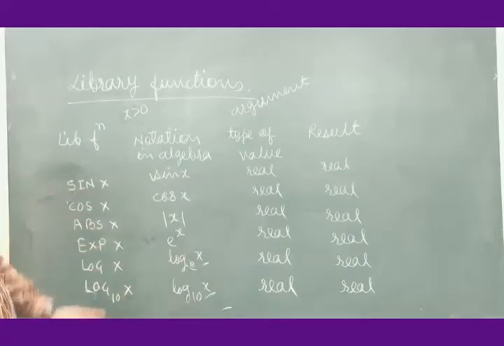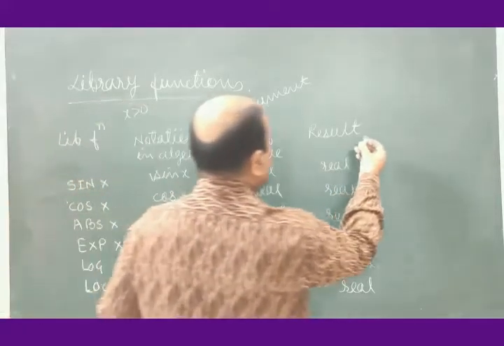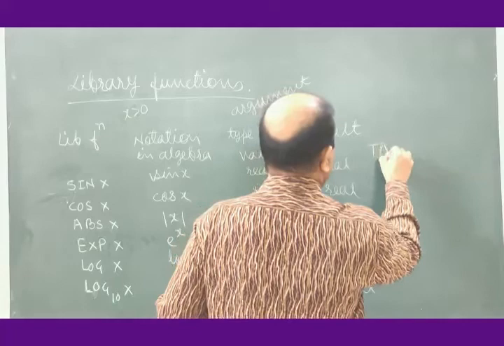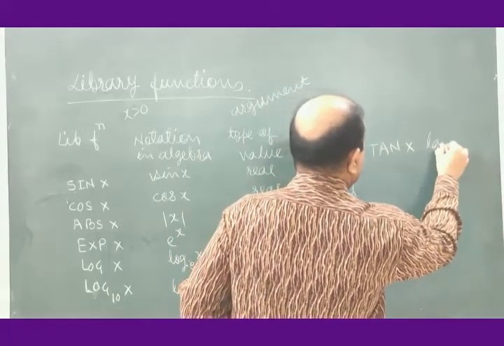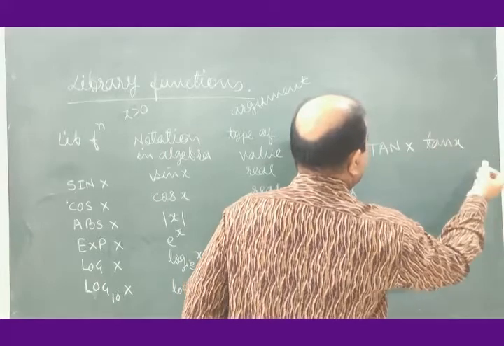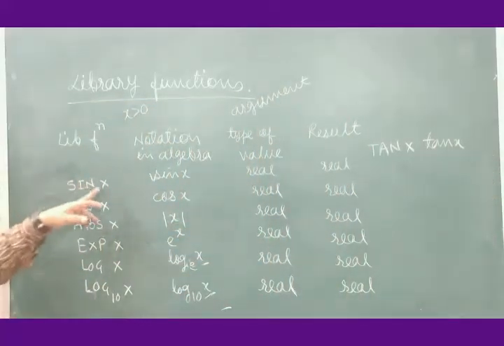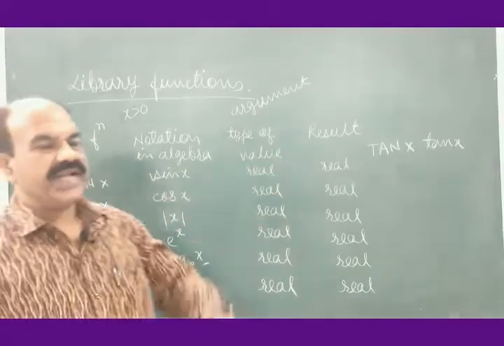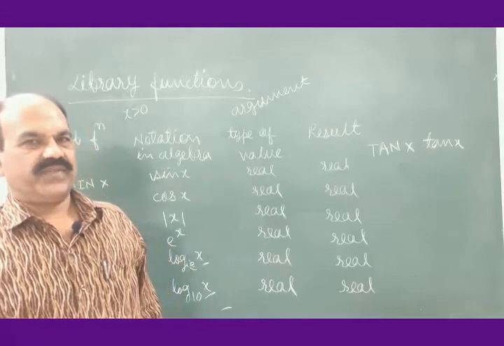Let us first talk about these library functions. These two are trigonometric functions. Let me write one more here, tan x. Sin x, cos x, tan x. These are trigonometric functions.